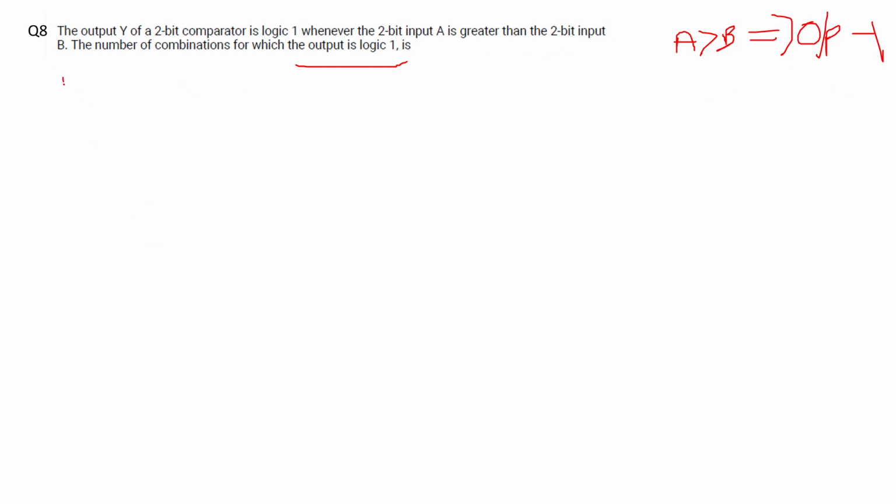So a 2-bit number A as A1, A0, and another 2-bit number will have B1 and B0. So when is A greater than B? When A is 1 1 and B can be 0 0, 0 1 and 1 0.